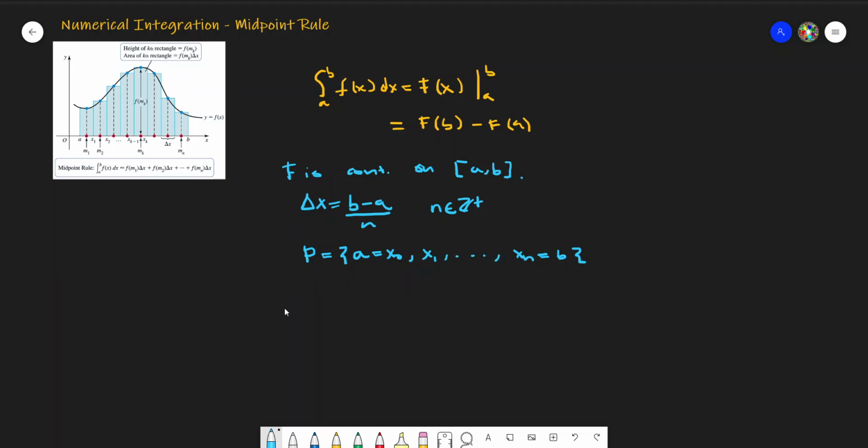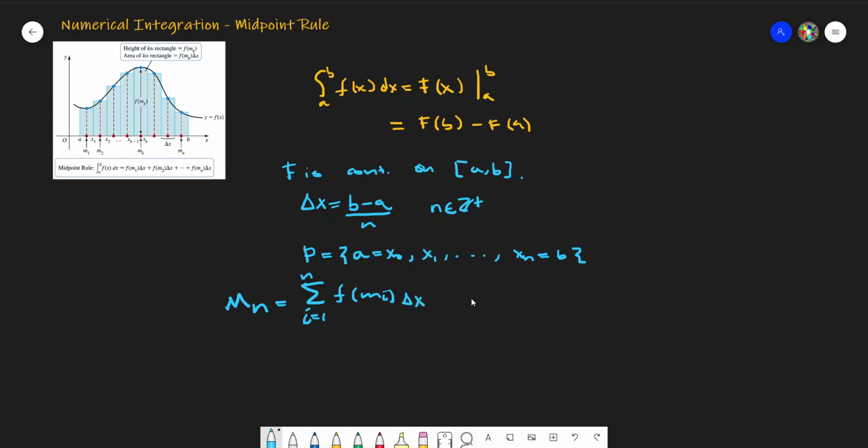So from there, we need to consider the midpoint. The midpoint sum is given by the sum from i equals 1 to n of f of mi multiplied by delta x.